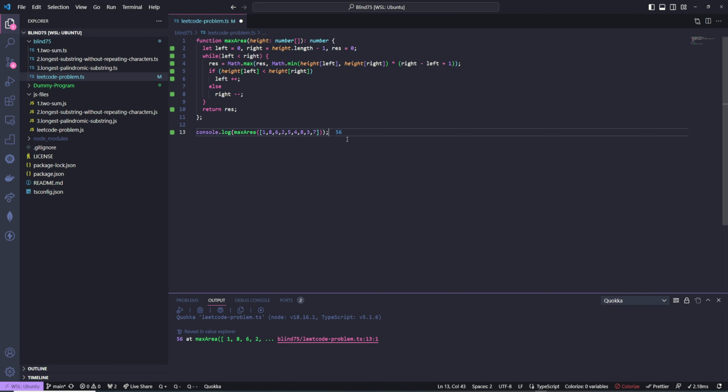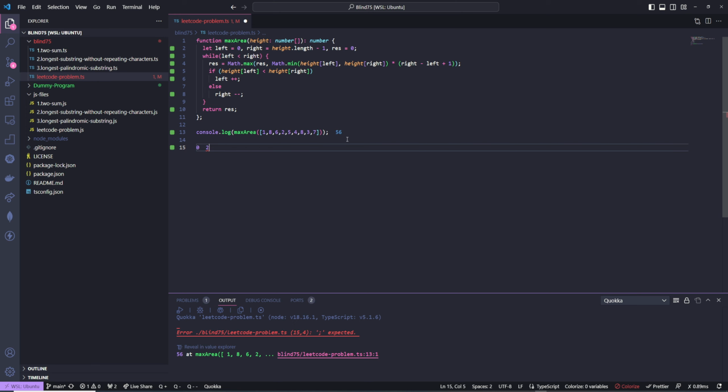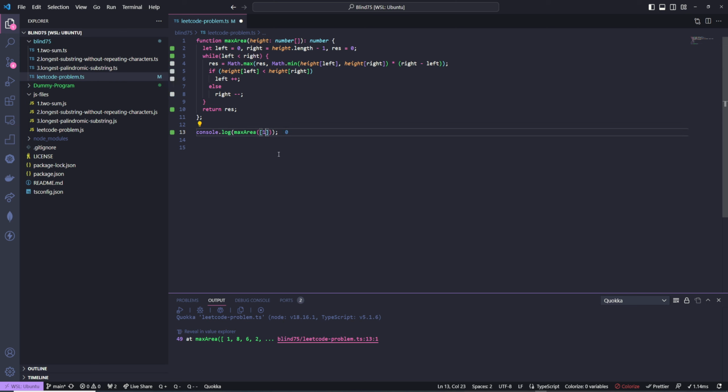If you think about it, if we have a left that's 0 and our right is 2, the width is actually 2, but we did right minus left plus 1, so it should just be right minus left. There we go, now we have a correct answer. Let's try it with something like 1, and this should be 0. What about 1, 1? Okay, now it looks good.